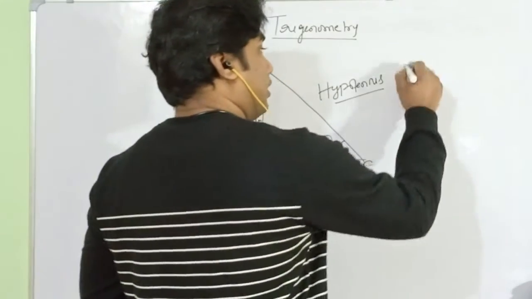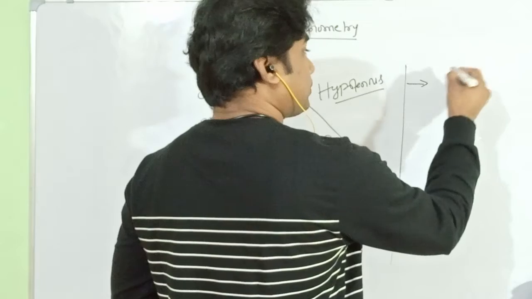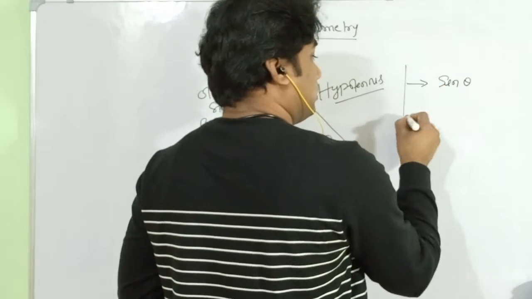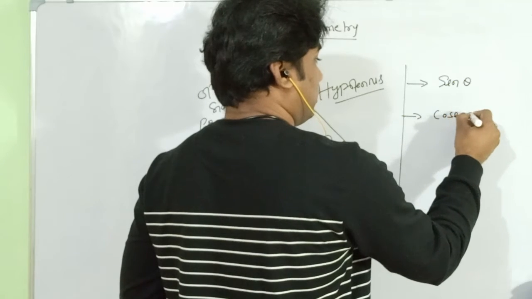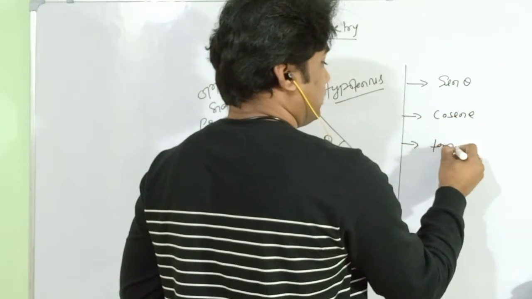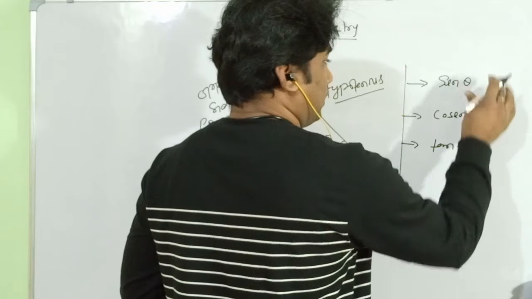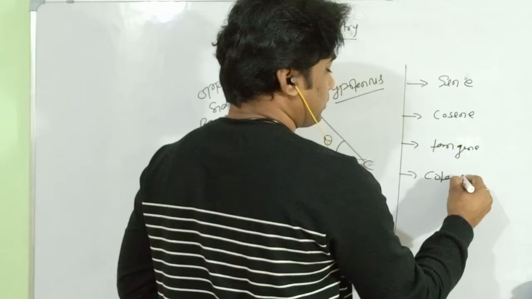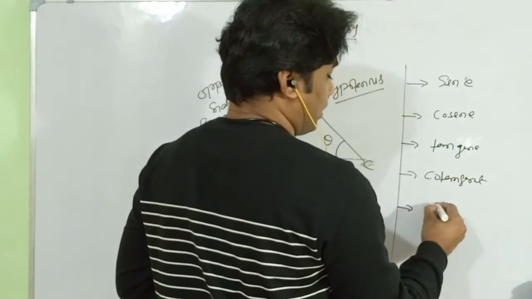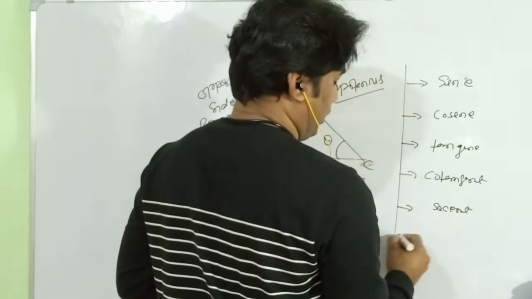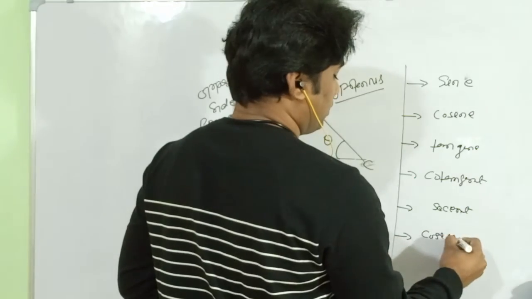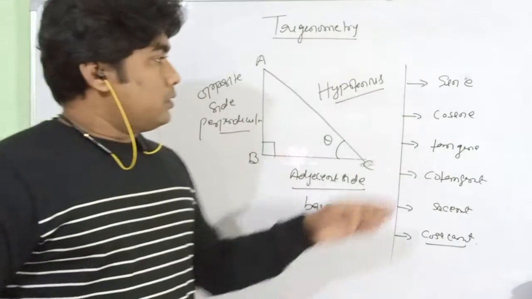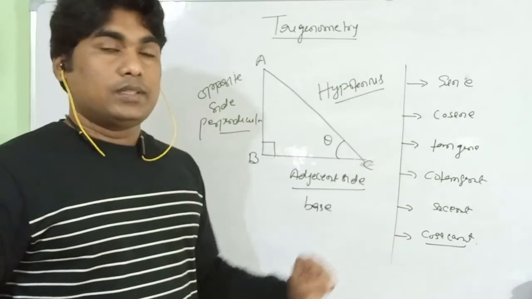These 6 trigonometrical ratios are sine, cosine, tangent, cotangent, secant, and cosecant. These 6 trigonometrical ratios establish the relation.